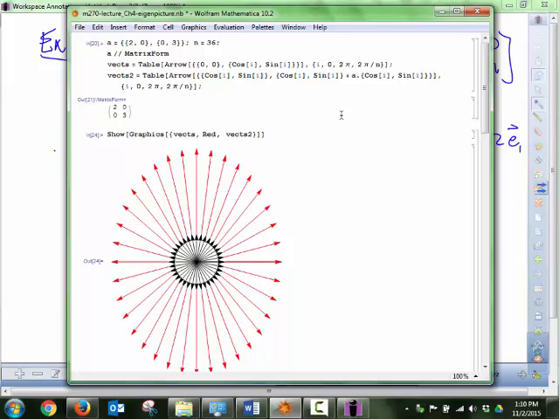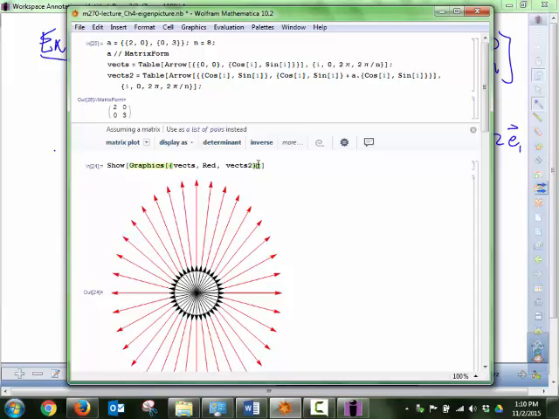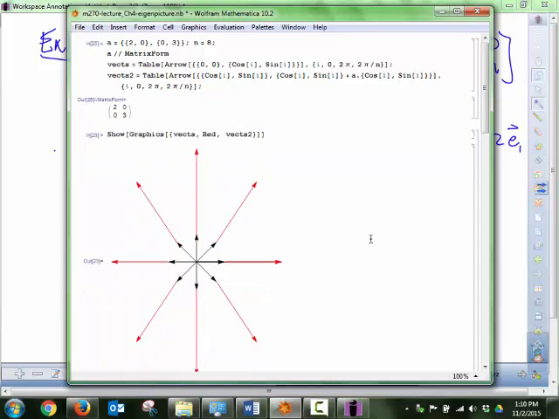What happened? Oh, so it does work out. I don't know what that previous picture was.